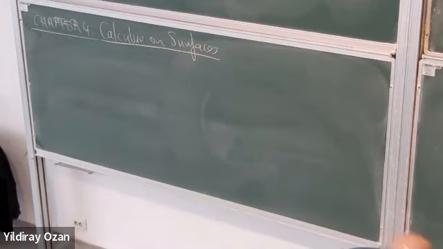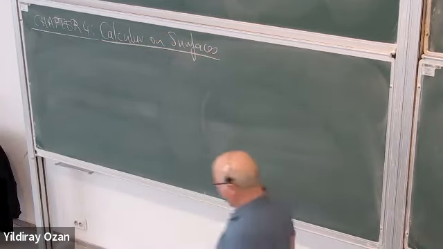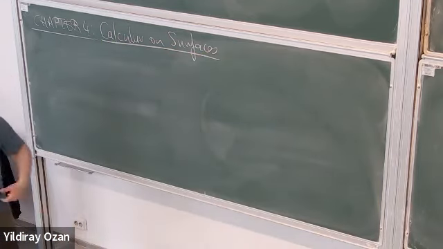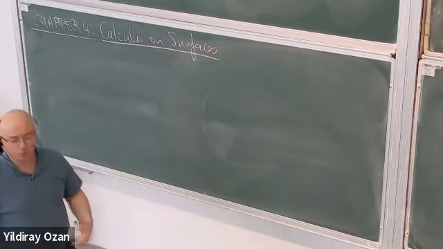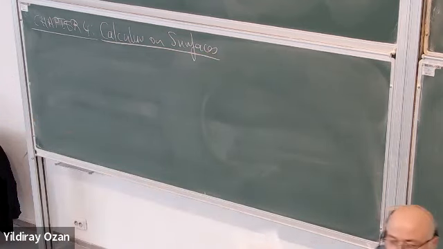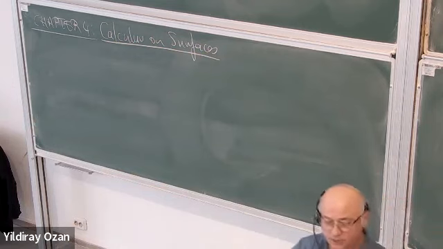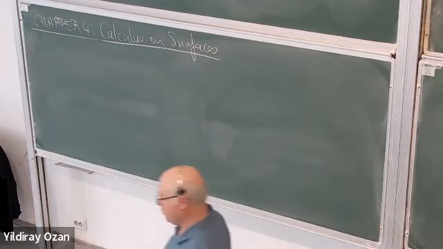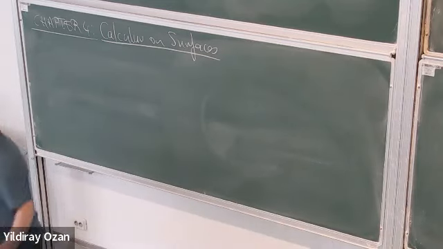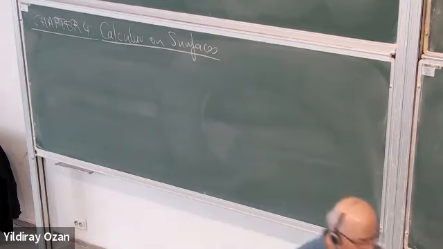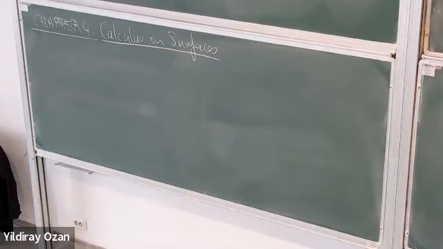This theory is basically developed by Gauss, and then Riemann took it and generalized it to all dimensions. So we will here consider only surfaces, two-dimensional objects in space, but then by Riemann, it was generalized to all dimensions.